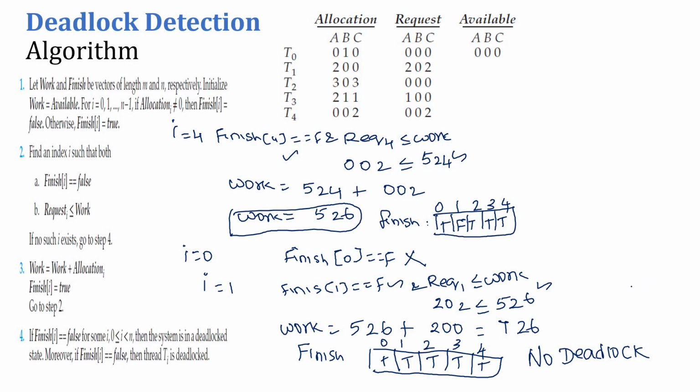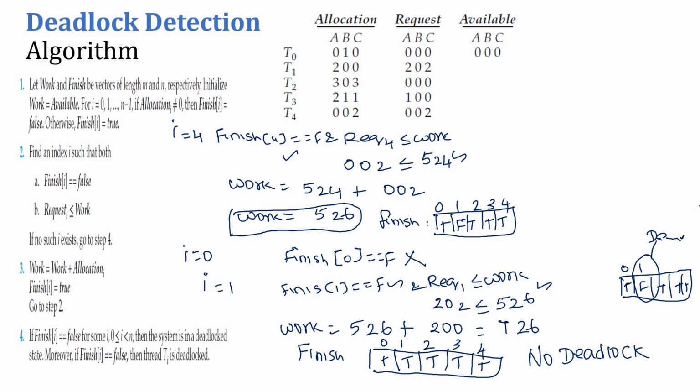For example, after executing the loop, if thread 1 is still false and the remaining are true, then that process, thread 1, is leading to deadlock. So like that we can conclude.